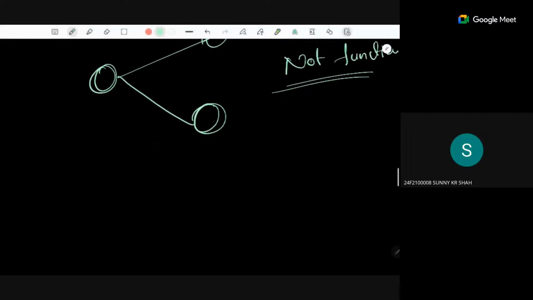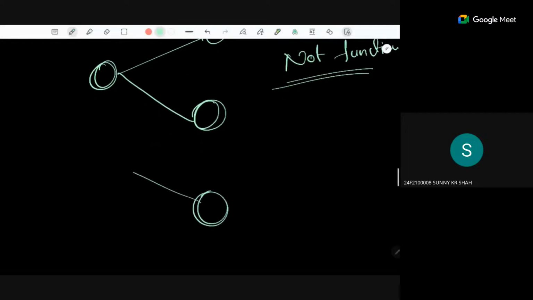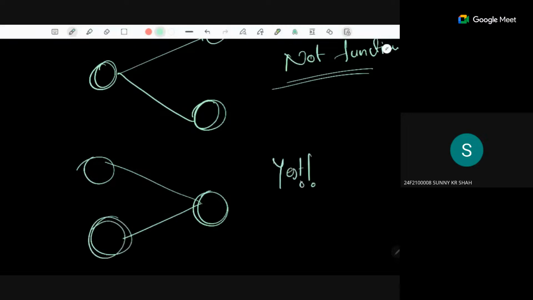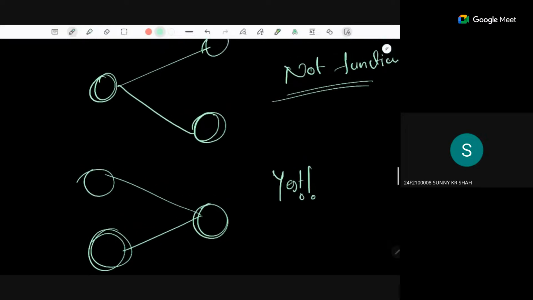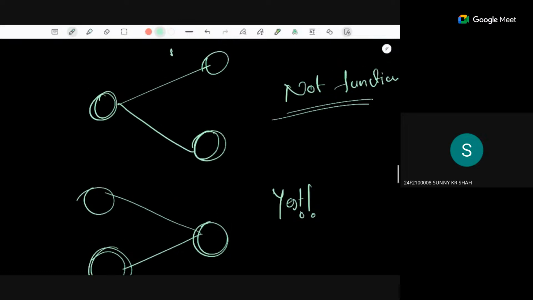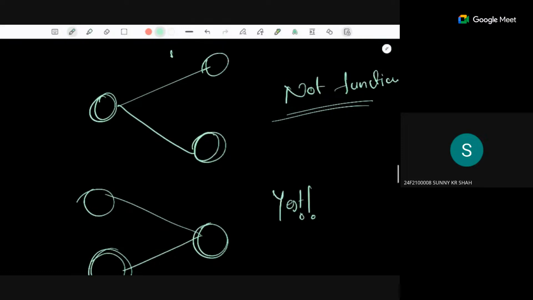But if you have an output which is mapped to by two distinct inputs, then yes, this is a function. This is important to understand. Uniqueness related to input is important.